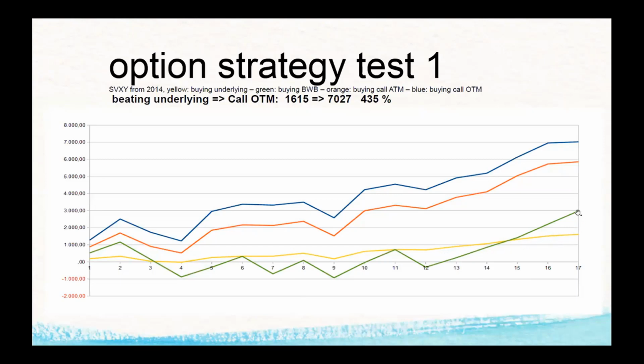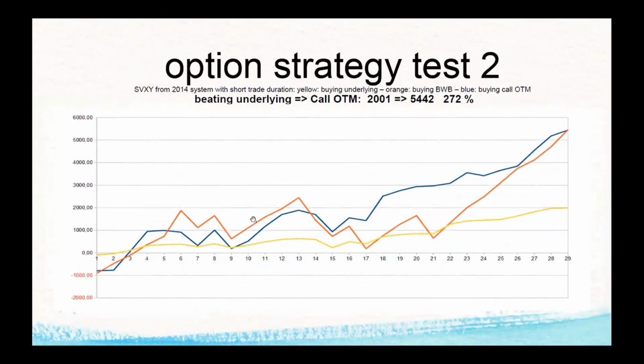The green is the broken butterfly. The orange is the call at the money, and the blue is trading a call out of the money. And you see, beating the underlying, if you trade a call instead of the underlying, you get from 1,615 to about 7,000, which is more than 400%.